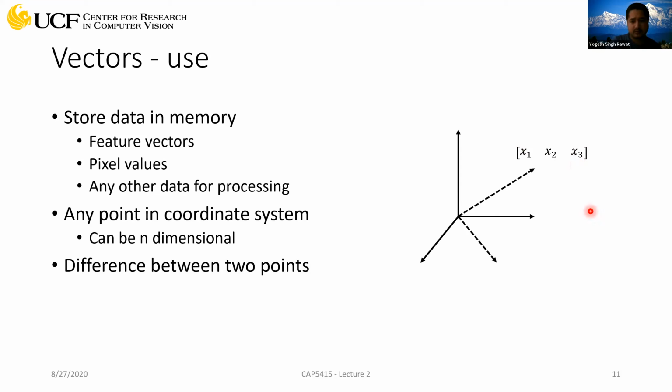Now you can also use the vector to represent distance between 2 points. So let's say we have another point, y1, y2, y3 in the same coordinate system, then you can use a vector to represent the distance between this first point and the second point. And if you want to represent that, it will be simply subtraction of the elements of the first vector and the second vector.